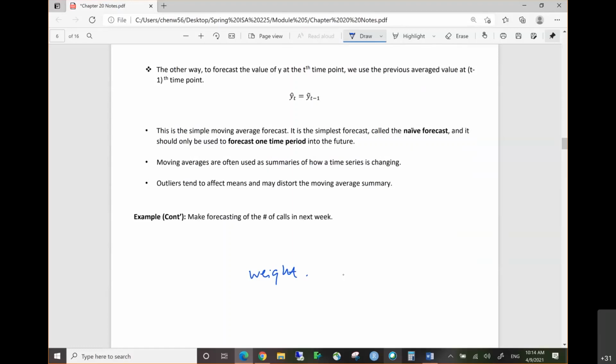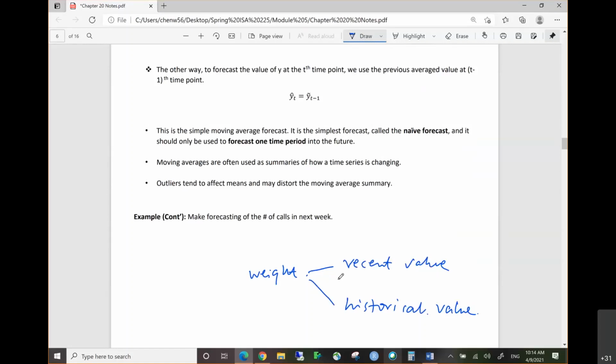In real life, there should be different weights for our recent value and the historical values, right? They should have different weights. The recent values, in most cases, should have a more important role in our prediction, right?